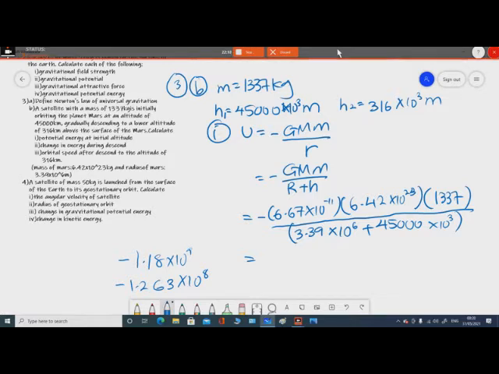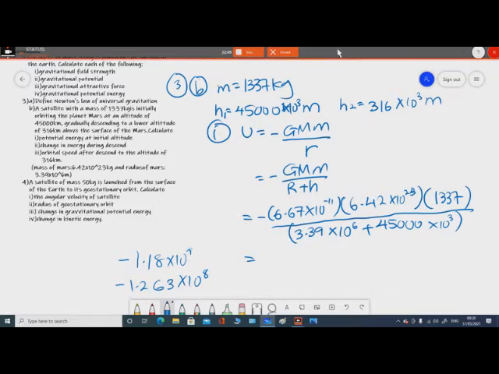Yeah, the answer shown here is correct. Okay, I wonder where did I get wrong. 6.67 times 10 to the power of negative 11. 1337 times, okay, 6.42 for the mass of the Mars, okay, times 10 to the power of 23.